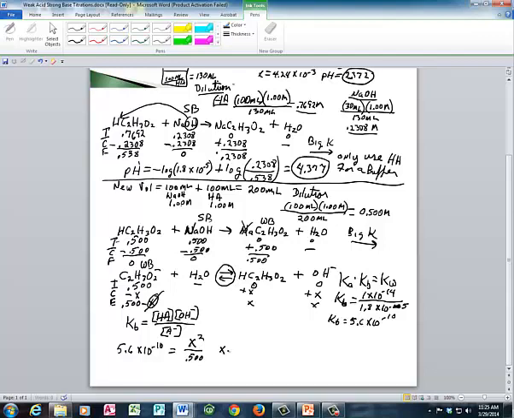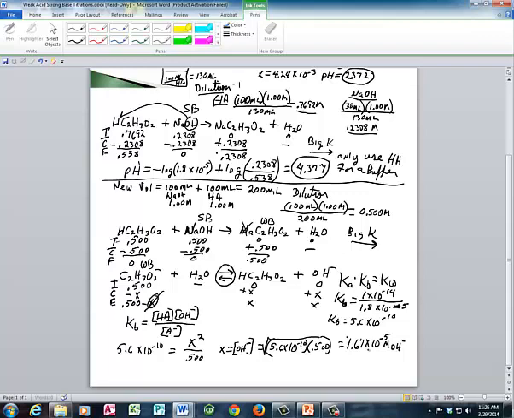I solve for x, and x is equal to the hydroxide ion concentration, which is equal to the square root of the Kb, 5.6 times 10 to the minus 10, times my base concentration, 0.500 molar. I get a hydroxide ion concentration that's equal to 1.67 times 10 to the minus 5 molar.